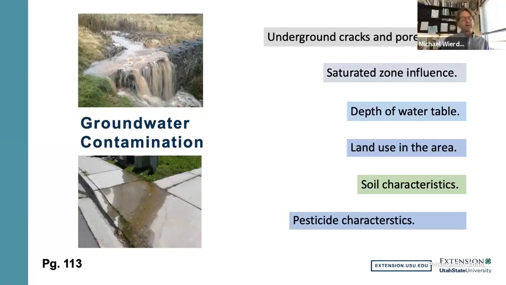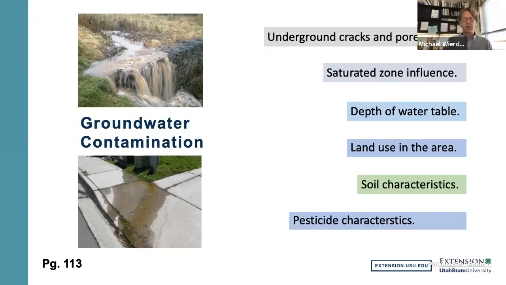Groundwater: different things that affect the possibility for contaminating groundwater include underground cracks and pores, and the saturation zone, which is just that portion of the soil where it is saturated with water. Once a pesticide reaches that, especially a highly soluble pesticide, it is free to move in water much more.